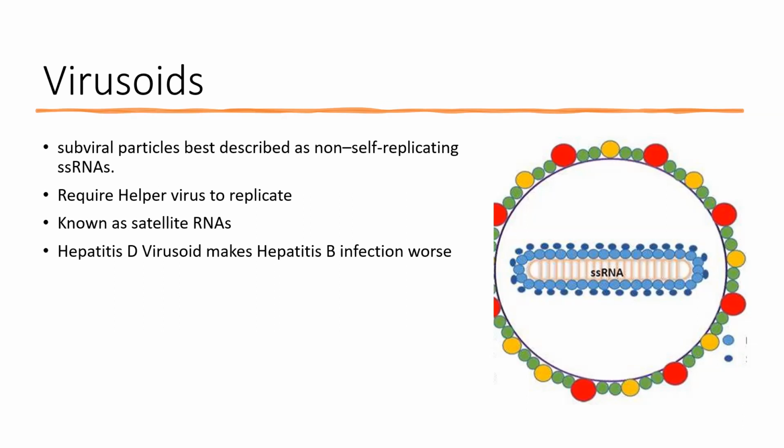They require a helper virus to do the replication, and they are also known as satellite RNAs, right? An example that affects humans is the hepatitis D virusoid. If you're infected with hepatitis B, the hepatitis D virusoid will actually make the infection worse.